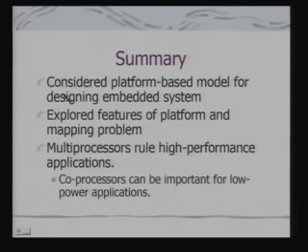So, what we have done today: considered the platform based model for designing embedded systems, and explored features of platforms and the mapping problem. Multiprocessors rule high performance applications, and co-processors can be important for low power applications. In fact, we shall see more of these in the next lecture.